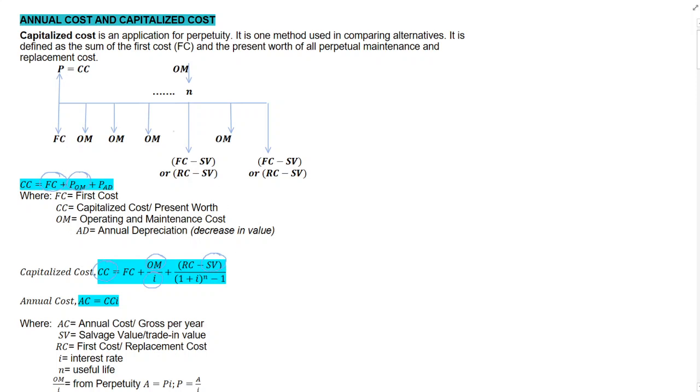If we are going to draw the timeline for that, this will be the capitalized cost. This is the present worth already, and that is the first cost, and that is your annuity, the operating and maintenance cost. And at the nth year, that is already your first cost minus the salvage value, and so on.